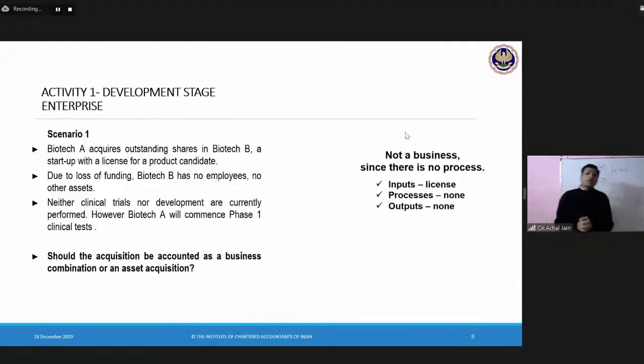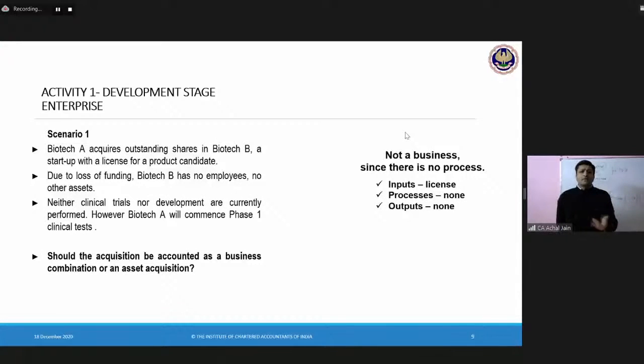Due to loss of funding, Biotech B doesn't have any employee. It doesn't have any other asset. Neither clinical trials nor development are currently performed in respect of Biotech B. So Biotech B has just got one license. That's it. But no trials are going on.